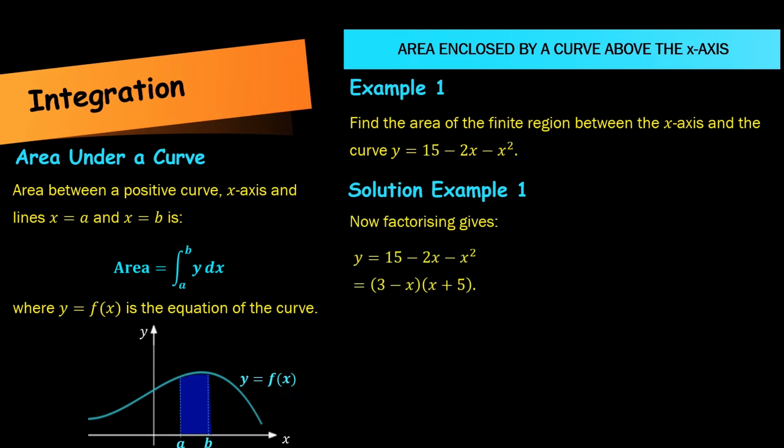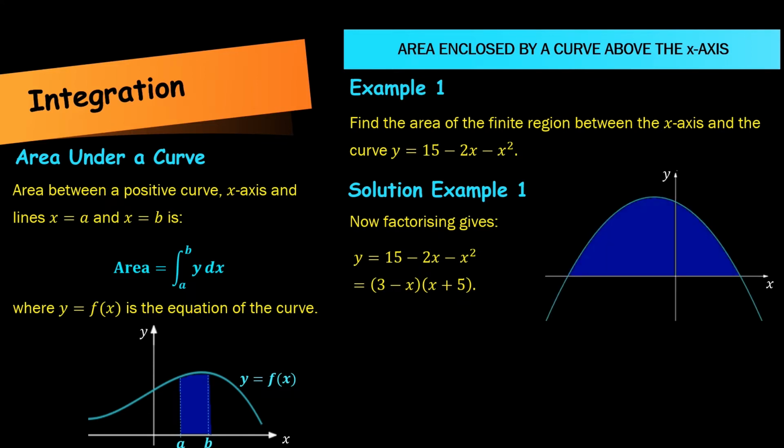If we factorize this function, we obtain 3 minus x times x plus 5. The intercept with the y-axis is 15.